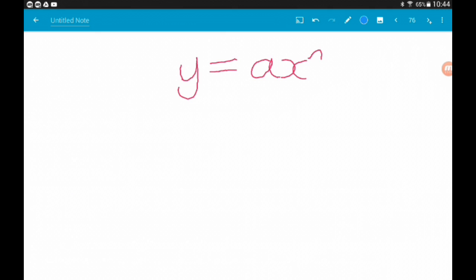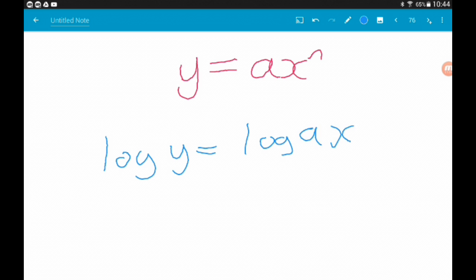So, first of all then, let's look at exponentials of the form y equals ax to the power of n. So, if we were to log both sides, we would get log y equals log of ax to the power of n. Now, on the right, using the laws of logs, we can split that up.